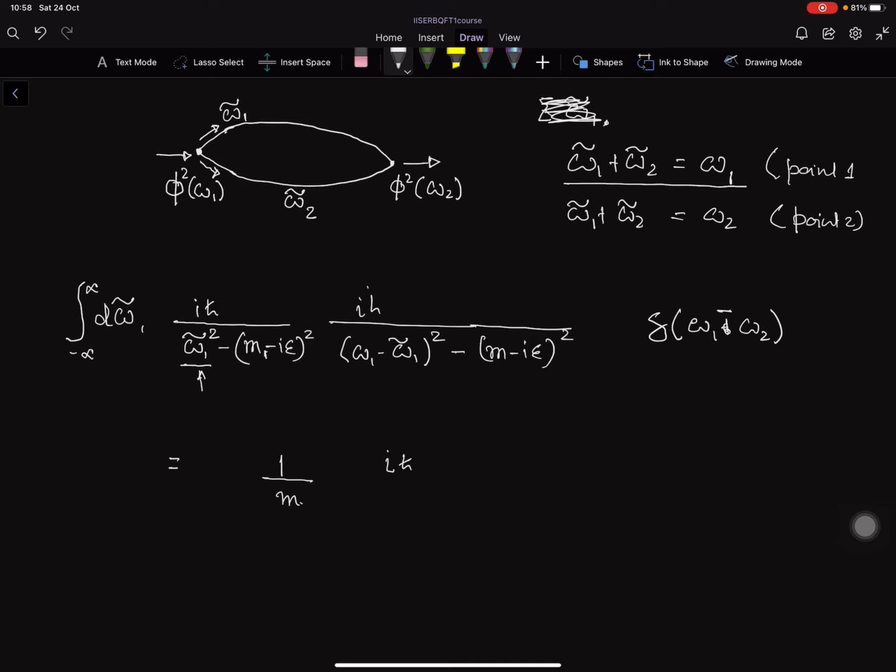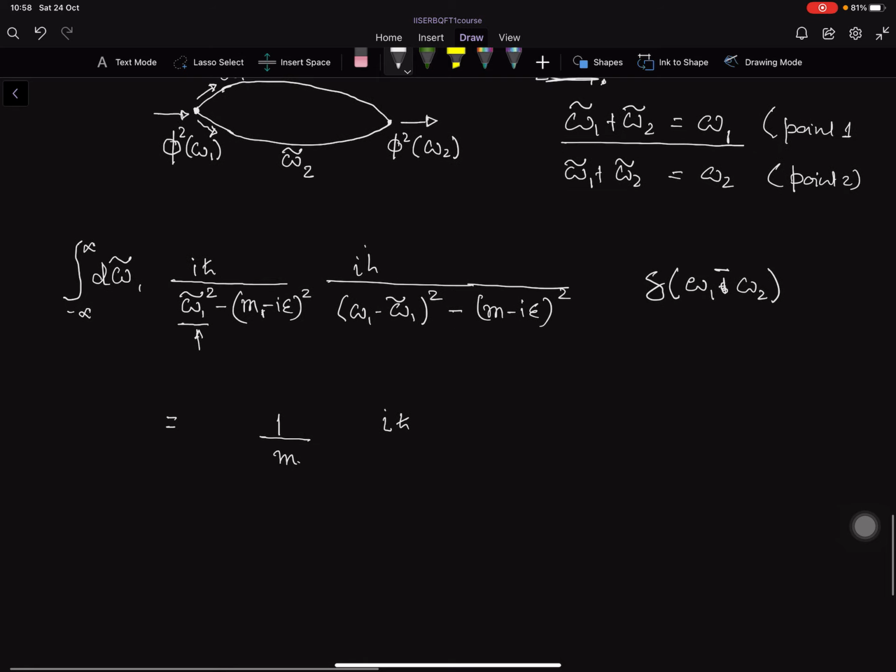So there will always be one I that will drop out, so I times h bar, e square minus 4 m minus I epsilon whole square, and there will be an h bar sitting here.